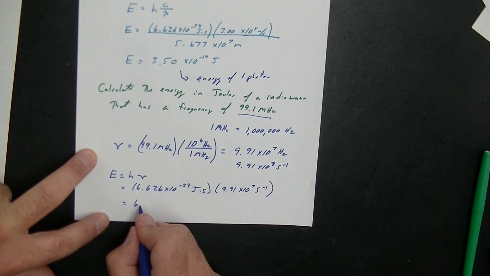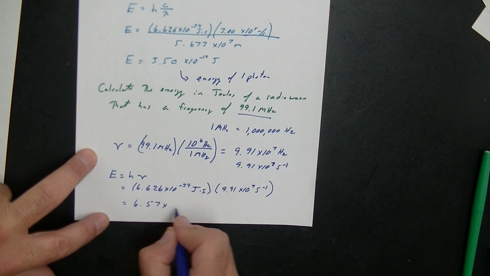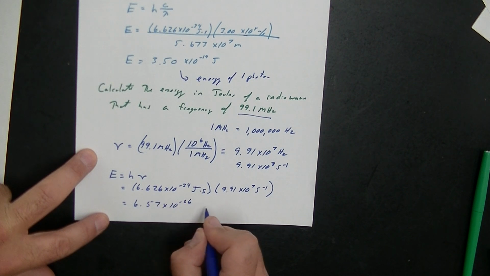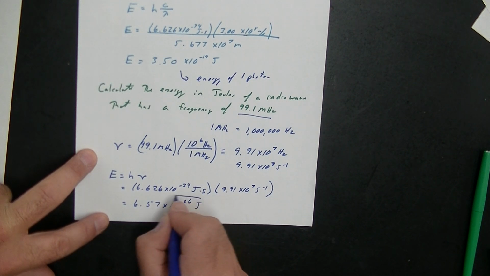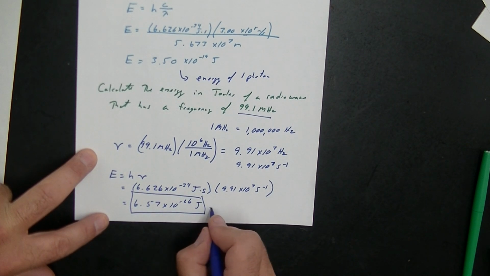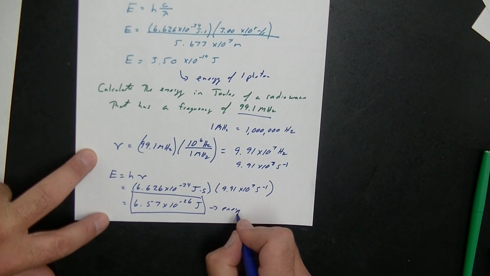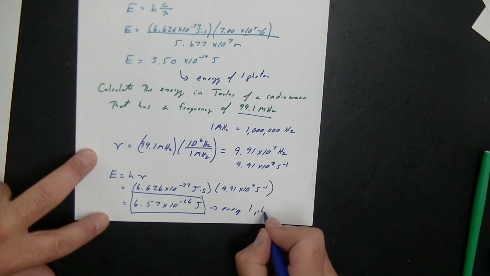When we do that math, we get 6.57 times 10 to the minus 26th joules. And again, this is the energy in 1 photon.